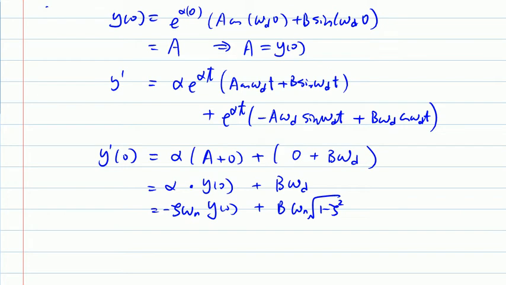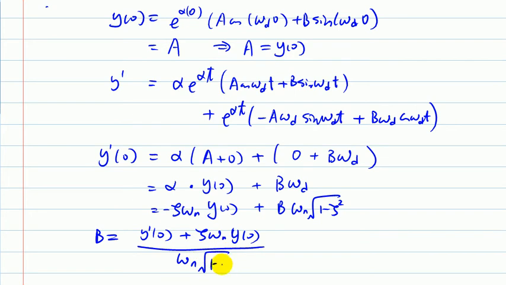So what you're gonna get is b equals y prime of 0 plus zeta omega n y of 0, divided by omega n square root of 1 minus zeta square. Just rewriting it in 2 parts, what you're gonna get is y prime of 0.